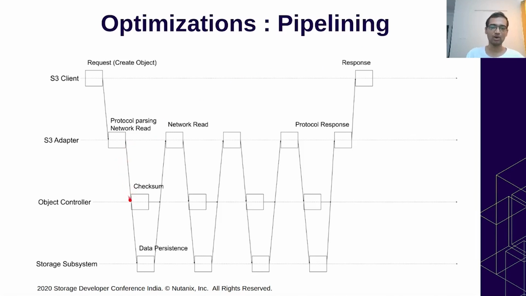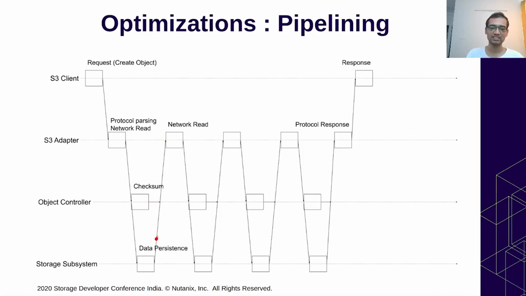Till the object controller receives the first chunk, everything remains the same. But instead of waiting for the checksum to complete, it immediately sends the request to persist the data to the storage subsystem along with starting the checksum calculation. While these two operate in parallel, the S3 adapter is waiting for the acknowledgement of the first chunk.